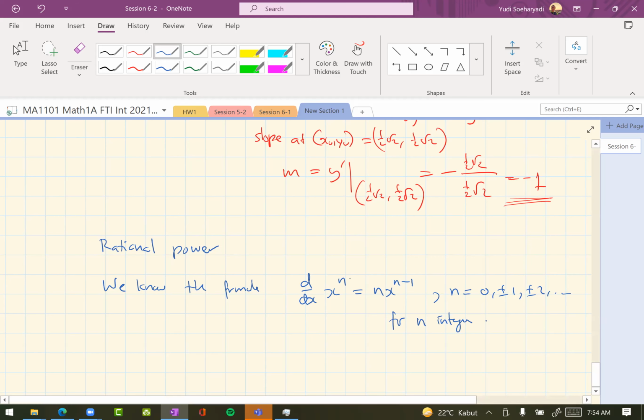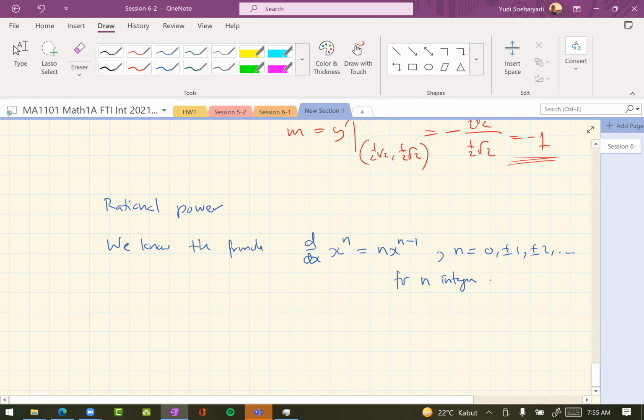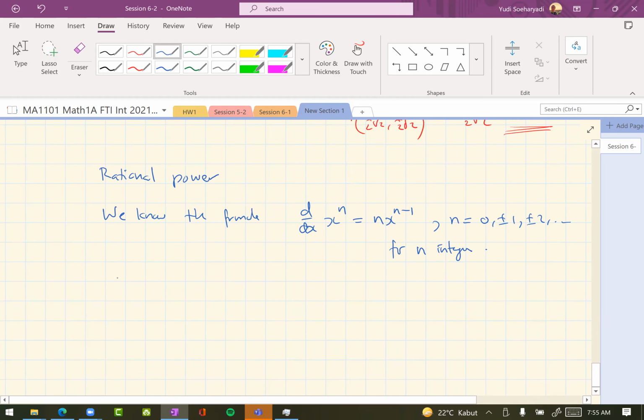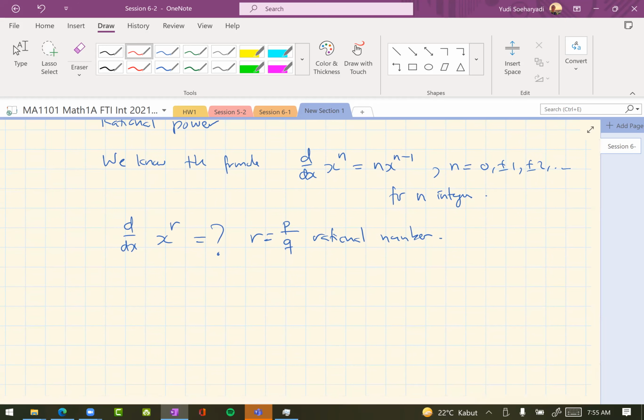But let's generalize. Let n be a rational number now. The question is, what is the derivative of x to the r? r is a rational number. This is the question. So let's do this one. Let y equal x to the r, where r is p over q.